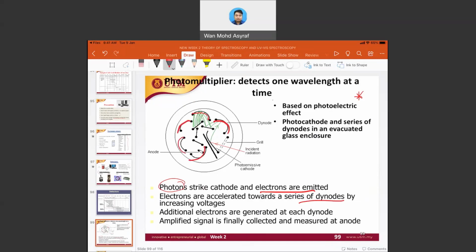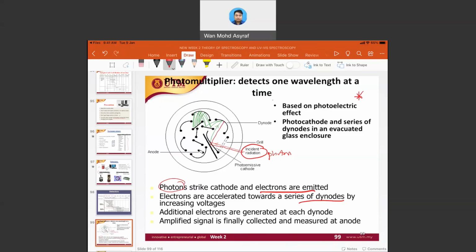Let me erase this first. So this is the incident radiation, the photon, entering your photomultiplier tube. When it enters, it bumps into the first diode.